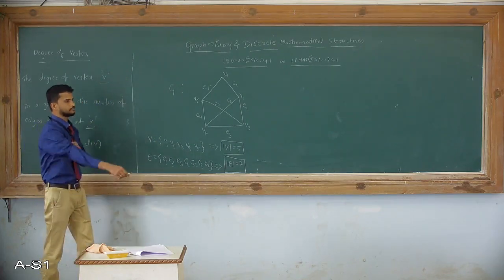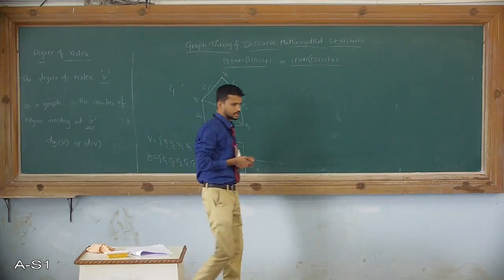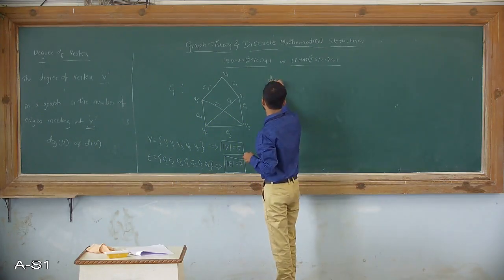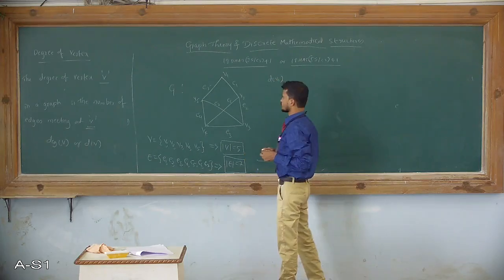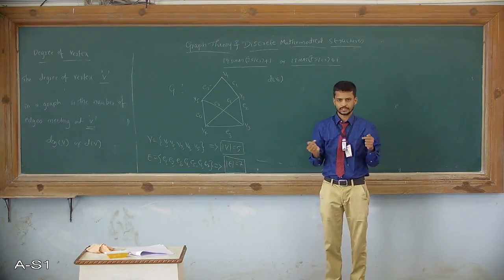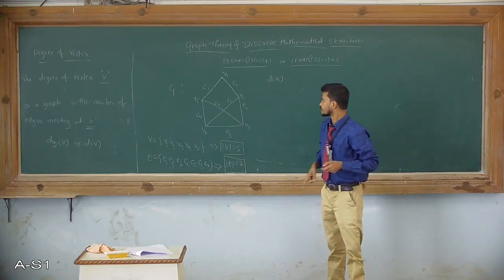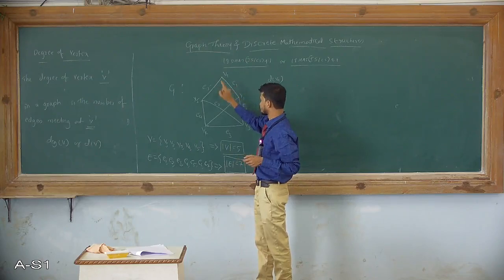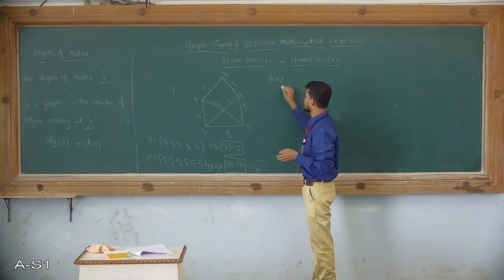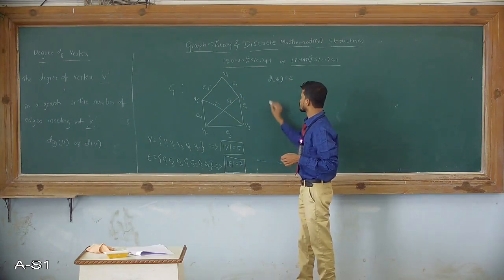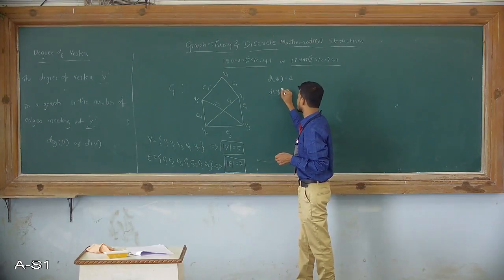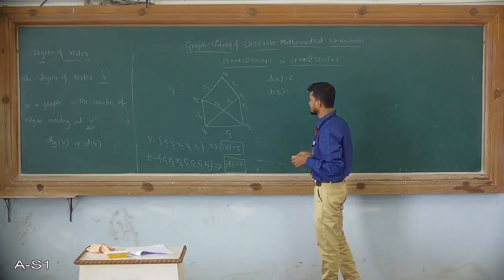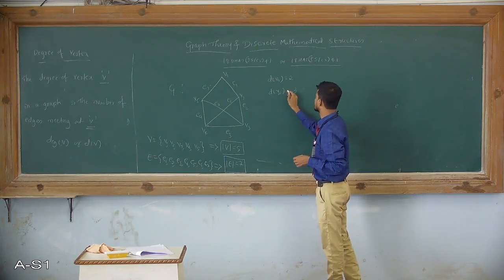Now we try to find the degree of each vertex in this graph. First I will start with the degree of V1. According to the definition, it is the number of edges meeting at a point. In this graph, for vertex V1, edges E5 and E1 meet at V1, so the degree of the vertex is 2. For vertex V2, edges E1, E2 and E6 meet at that point, so the degree is 3.